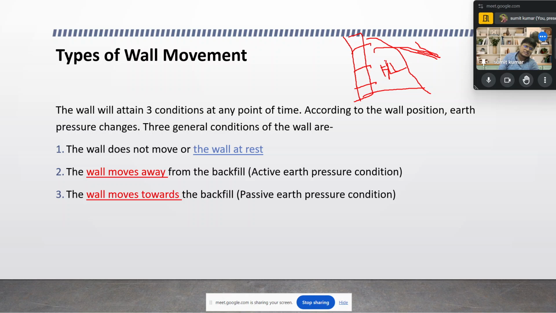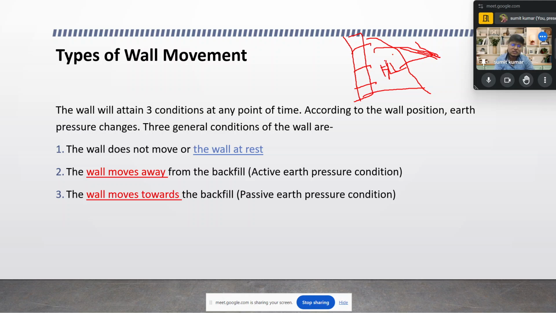So that condition is said to be the active state condition. And in the subsequent condition, soil could also move toward the wall. That movement toward the backfill is said to be the passive earth pressure condition.